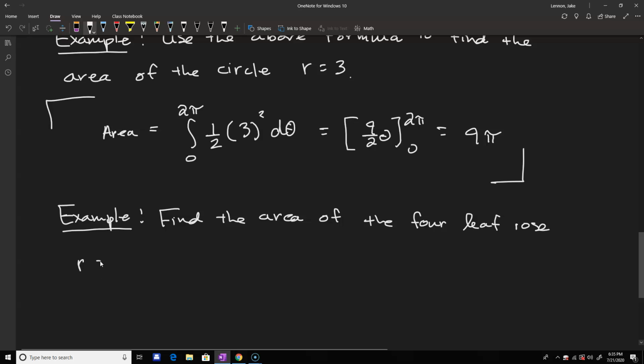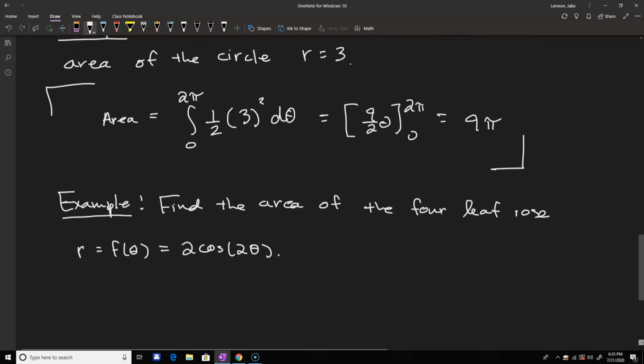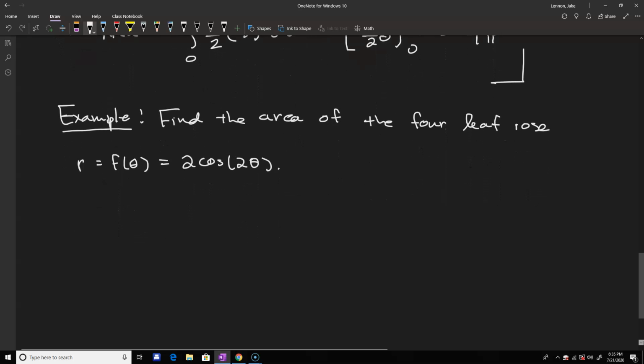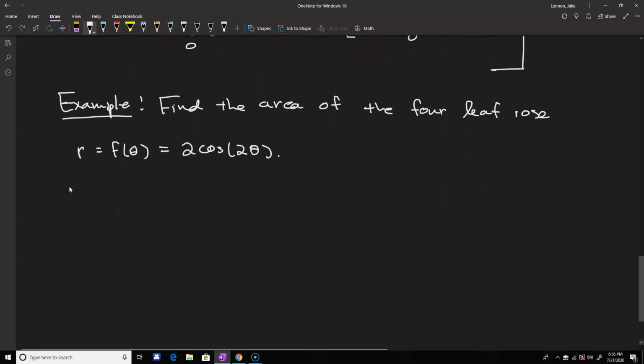Let's say r equals f of theta equals 2 times the cosine of 2 theta. Remember that the 2 inside the parentheses is an even number, so this shape is going to have 4 leaves on it, if you recall from the polar coordinates video.